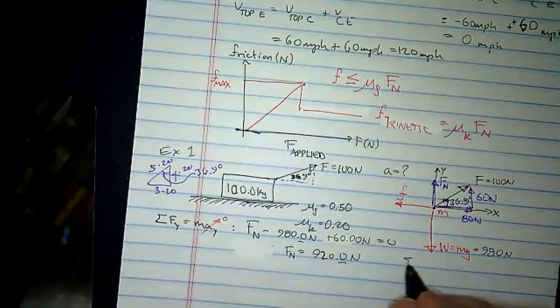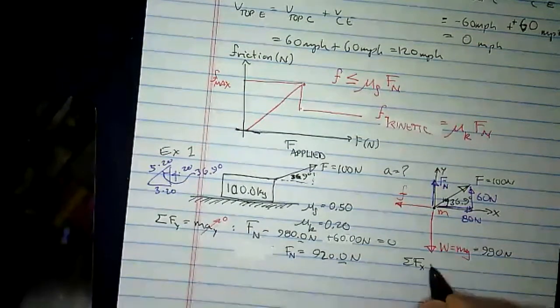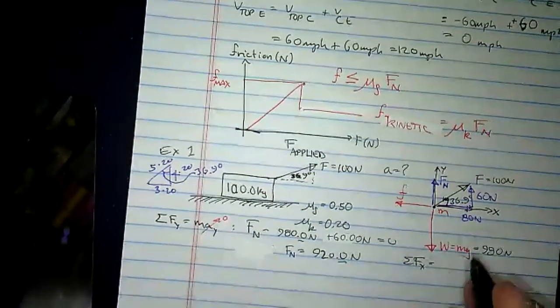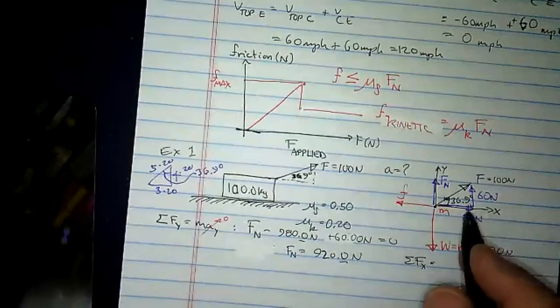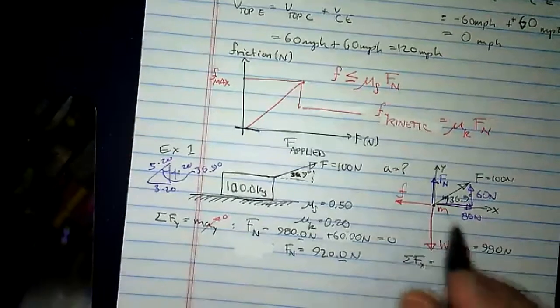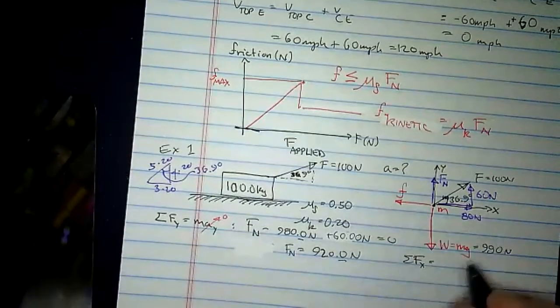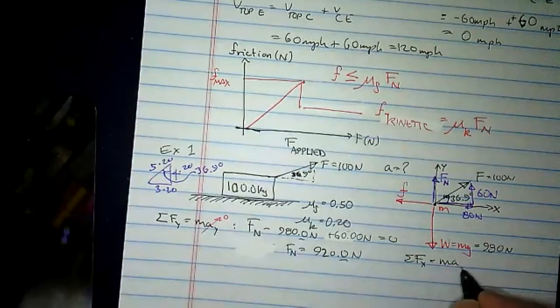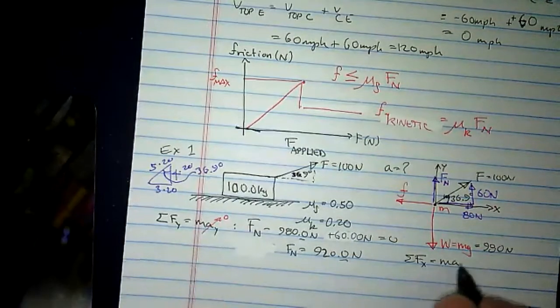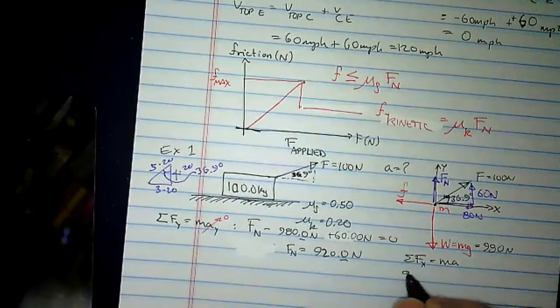Now, the summation of forces in the x direction is a little more complicated, just because I don't know if this force is big enough to compensate for the other force. Well, what I do know is the summation of forces is equal to mass times acceleration. And again, since I've already ruled out the y acceleration, we're just calling that a. So in this case, I have an 80 newton force in the positive direction.